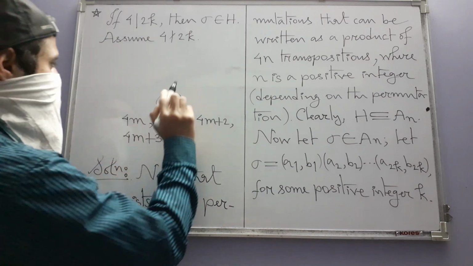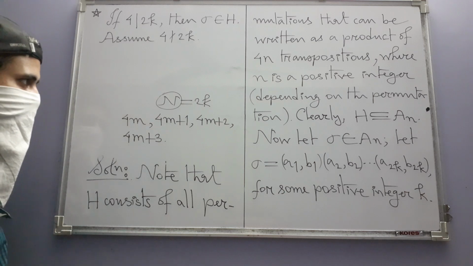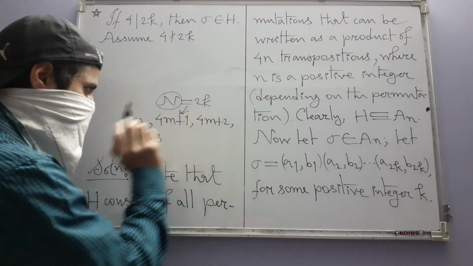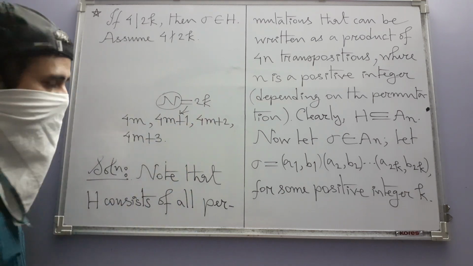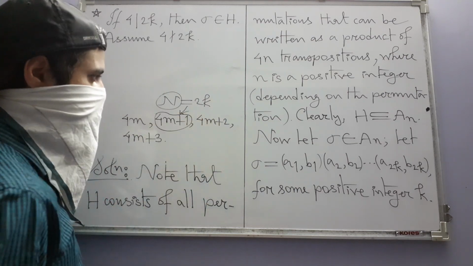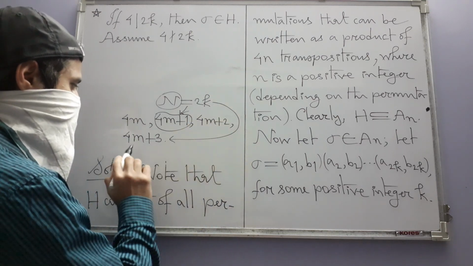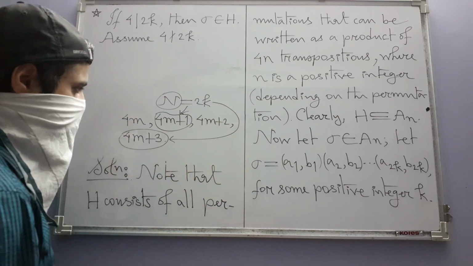Now think of 2k in place of n. Can 2k be of this form? No. Why? Because this is an odd integer, but 2k is even. Similarly, 2k cannot be of this form either, 4m plus 3.